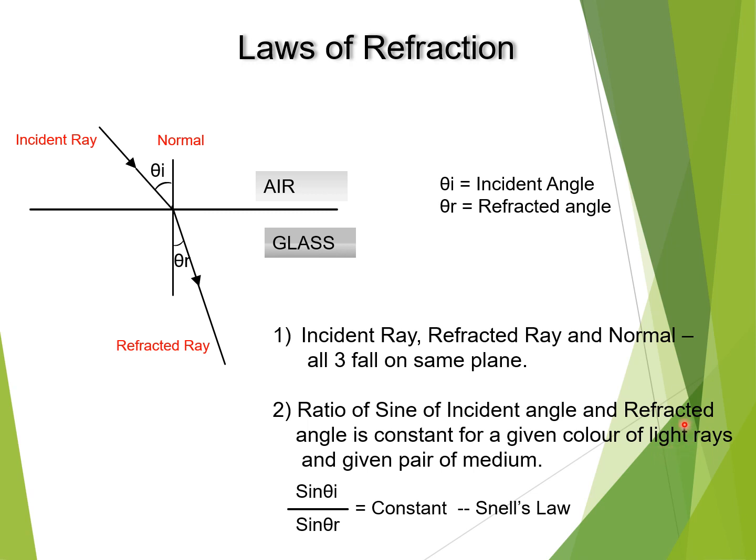We'll study about it more later. But when we are remembering the laws, the ratio of sine of incident angle and sine of refracted angle is constant for a given color of light and a given pair of media. So sine theta i, the sine of the incident angle, and sine theta r, the sine of the refracted angle: sine theta i upon sine theta r is equal to a constant. This is also known as Snell's law. So these are the two laws of refraction.